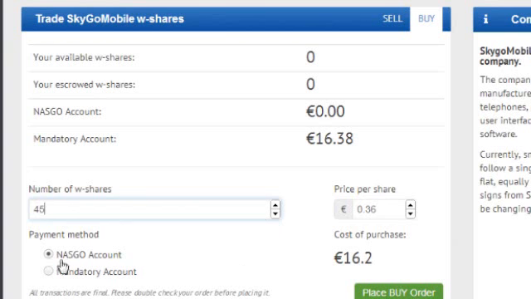All right. Now when I sell stock, it's going to go into the NASDAQ account. Since I haven't sold any stock, all my funding is in the mandatory account. So I have to click the payment method to mandatory.